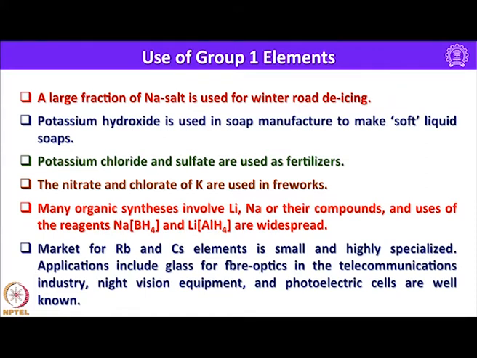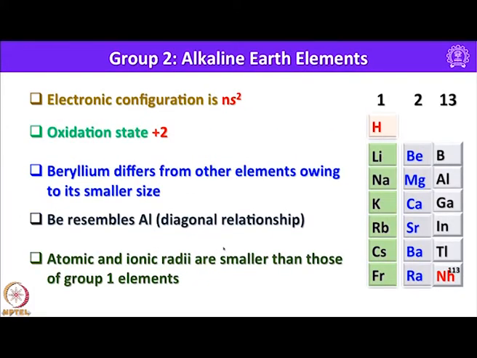These elements are used. And in the case of alkaline earth metals, having ns2 electronic configuration, the oxidation state is +2, and beryllium differs from other elements owing to its smaller size. That is true in the case of almost all elements in the first row. The chemistry of first row elements is slightly different because of the smaller size and high charge to size ratio.